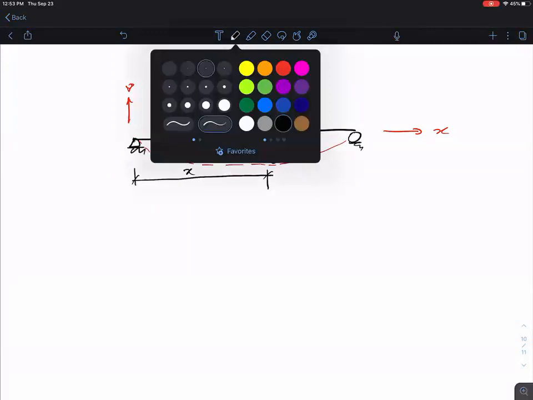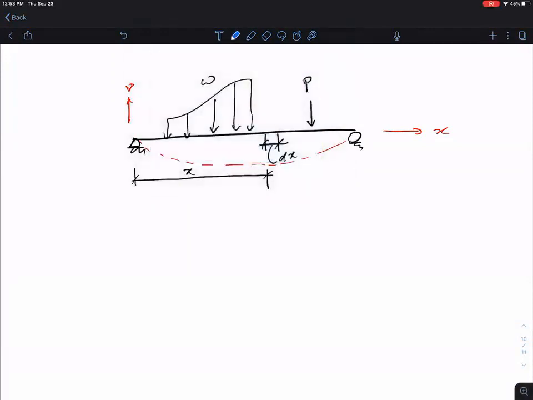We can also try to visualize the slope associated with that segment dx, right, where the slope is based on the tangent at the start of that segment, and we'll call that slope theta.